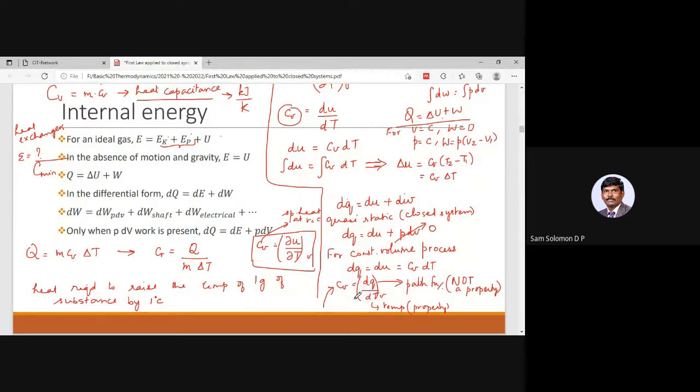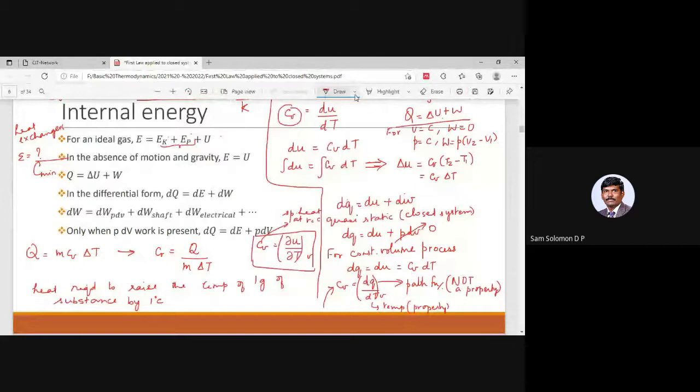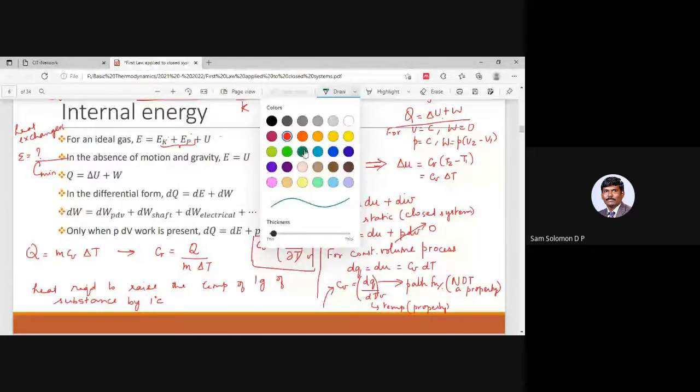Though this is mathematically correct, the physical interpretation is misleading from this particular mathematical equation. So we better not define CV as dq by dt. Though it is mathematically correct, it is not correct technically.